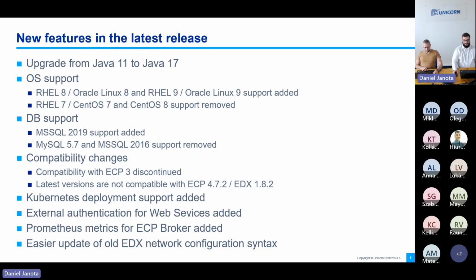We have extended the Prometheus metrics to also cover the ECP broker, so you can monitor the queues, memory usage, etc. And we also made some changes to make the network configuration syntax update a little bit easier for EDX networks.